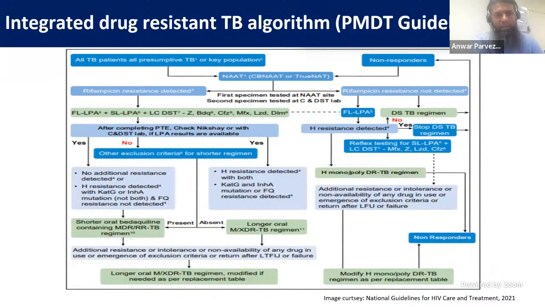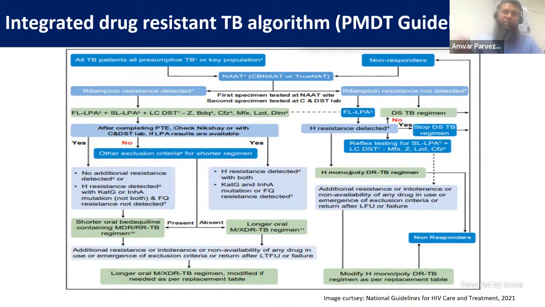They do first-line LPA and second-line LPA, and if they detect no additional resistance, or INH resistance with only katG or inhA mutation, not both, just one mutation, if there is no additional mutation identified, then they give these patients the shorter oral bedaquiline containing MDR-TB regimen.